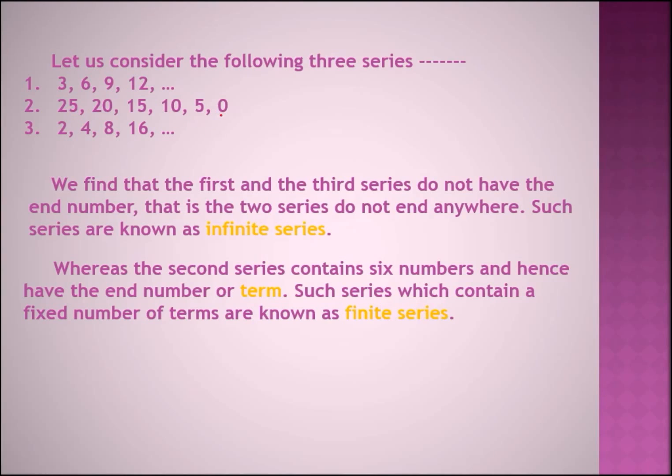So this is the end term. Such series which contain a fixed number of terms is known as a finite series. This does have an end term. This does not go on forever. So this is a finite series.